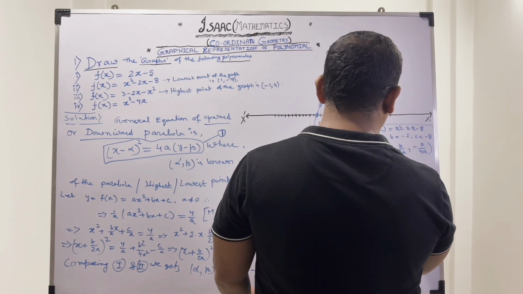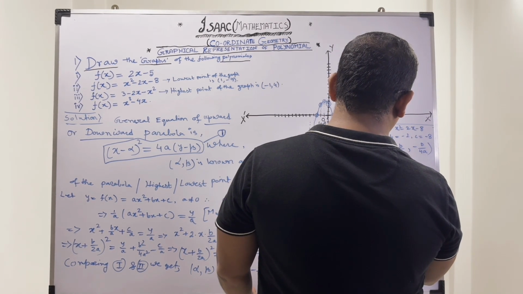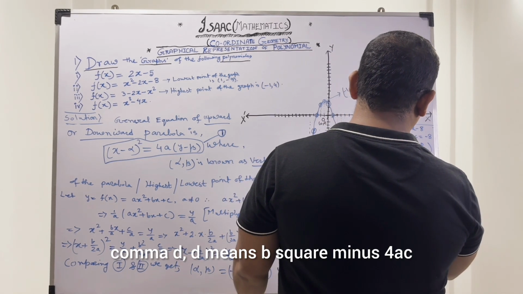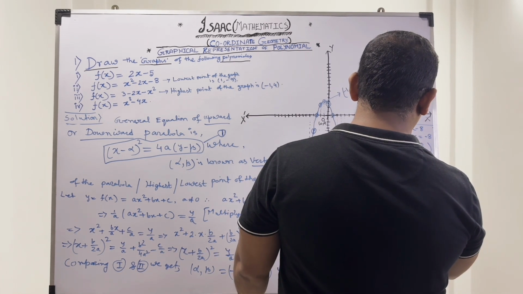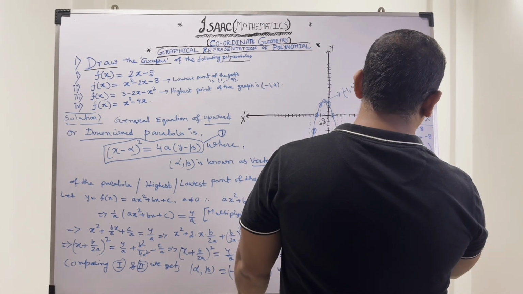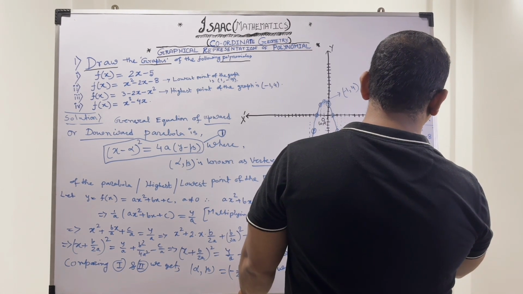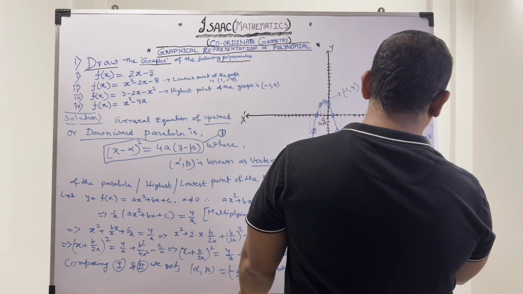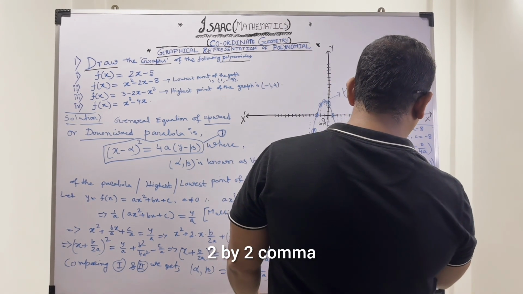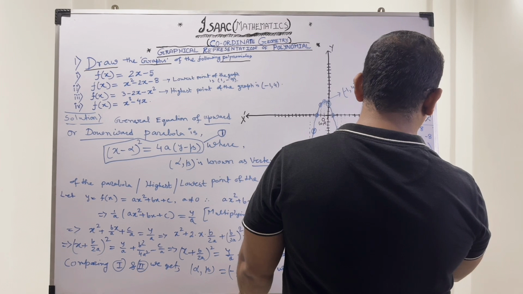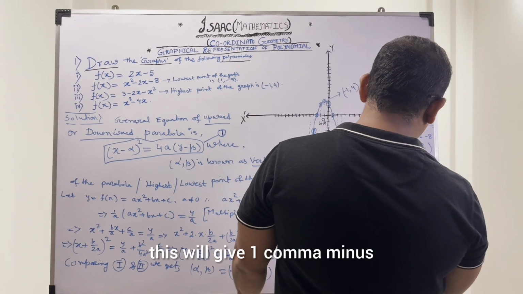This will give minus of minus 2 by 2 into 1 comma, D means b square minus 4ac, so b square minus 4 into a into c, by 4a. This will give 1 comma minus 9.